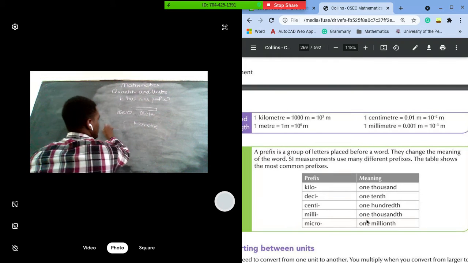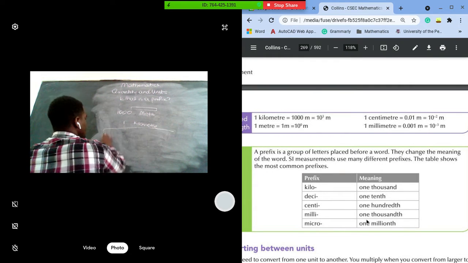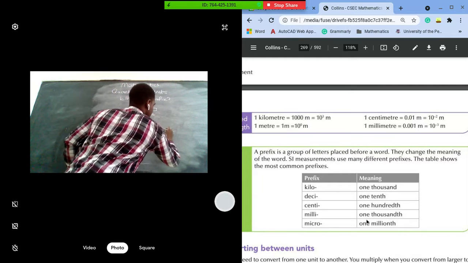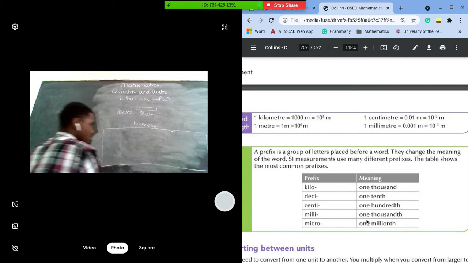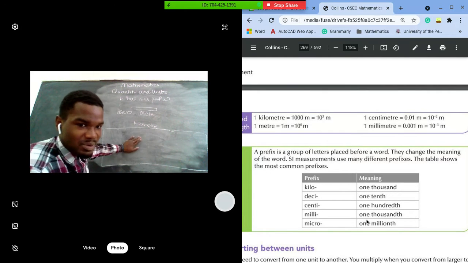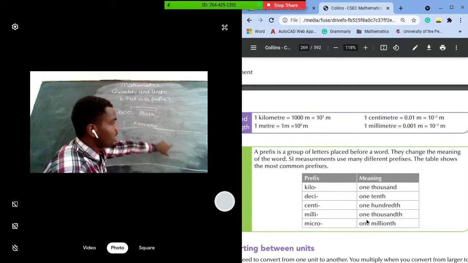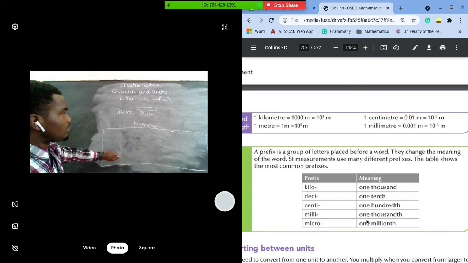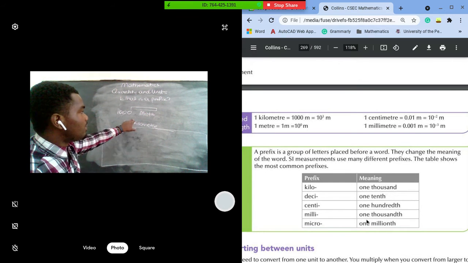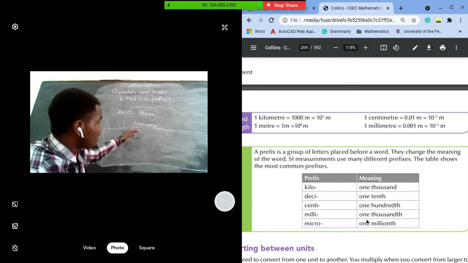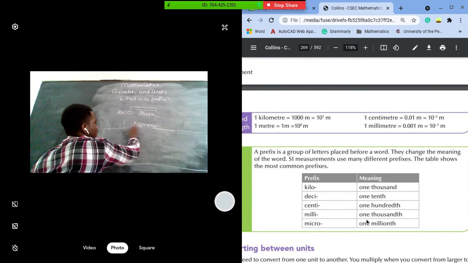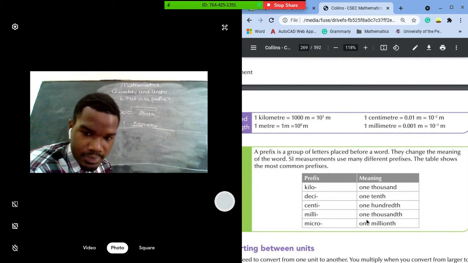Let's try to visualize that. That's as best as possible how to visualize it, alright? 1,000 of these could fit in this box, guarantee you. So that would be the definition change based on the prefix, which was kilo. So kilo means 1,000.